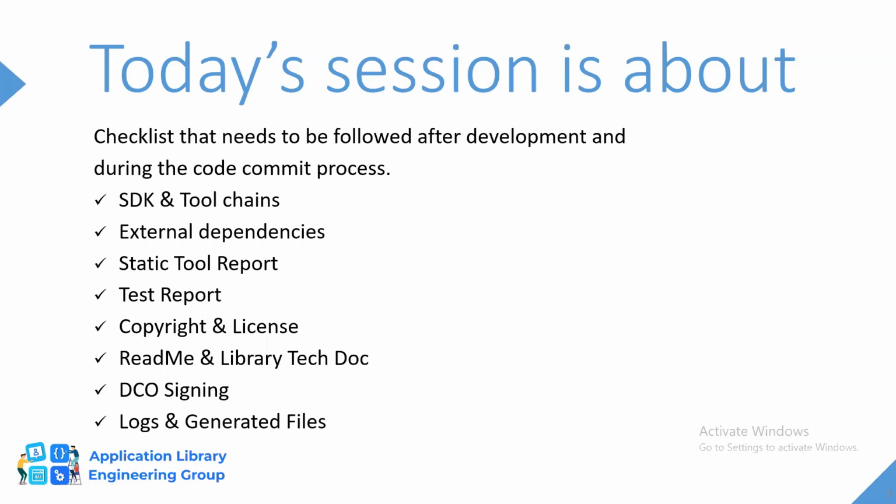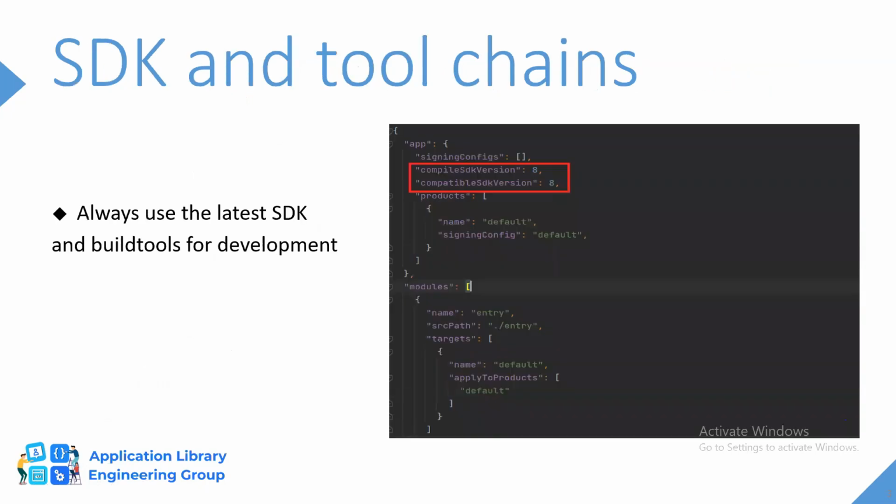The first thing is the SDK and toolchains. Whenever we are developing any library, it's best to use the latest tools that we have. For our library components, I think most of you would be working on Material UI.